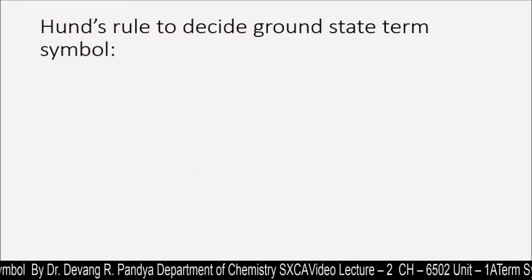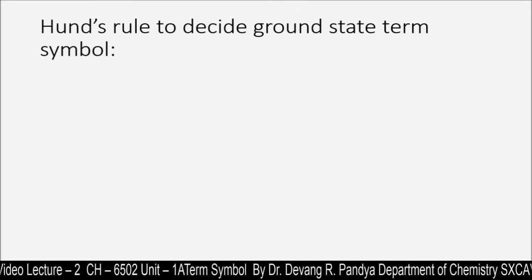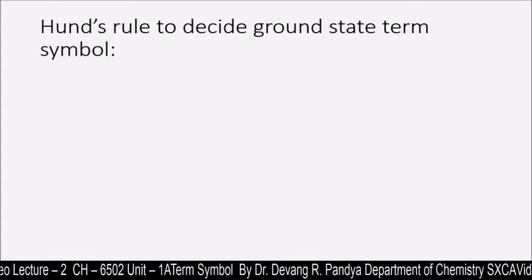Well, today we are going to discuss Hund's rule to decide the ground state term symbol. Then we are going to discuss how to use Hund's rule to arrange the specific term symbols for a particular atom or ion in increasing order of their energy, and identify the ground state term symbol. Then we will discuss the calculation of the ground state term for a particular atom or ion.